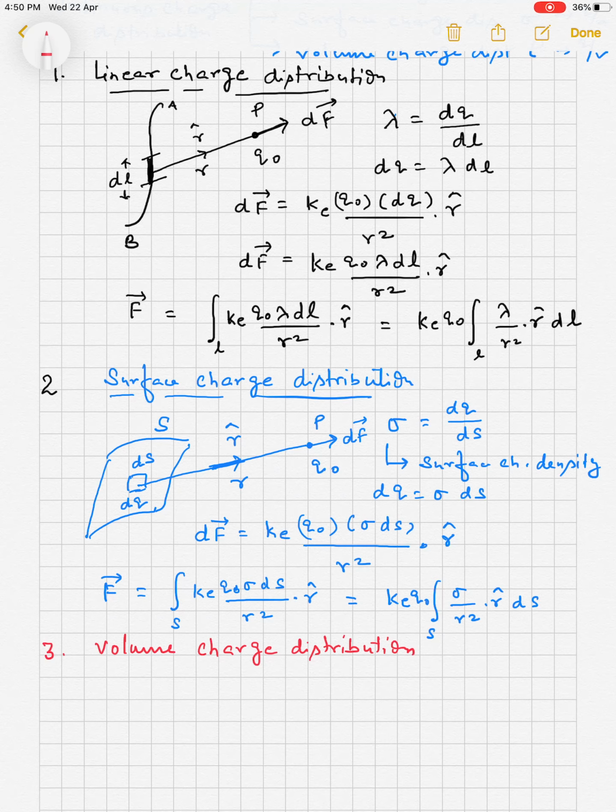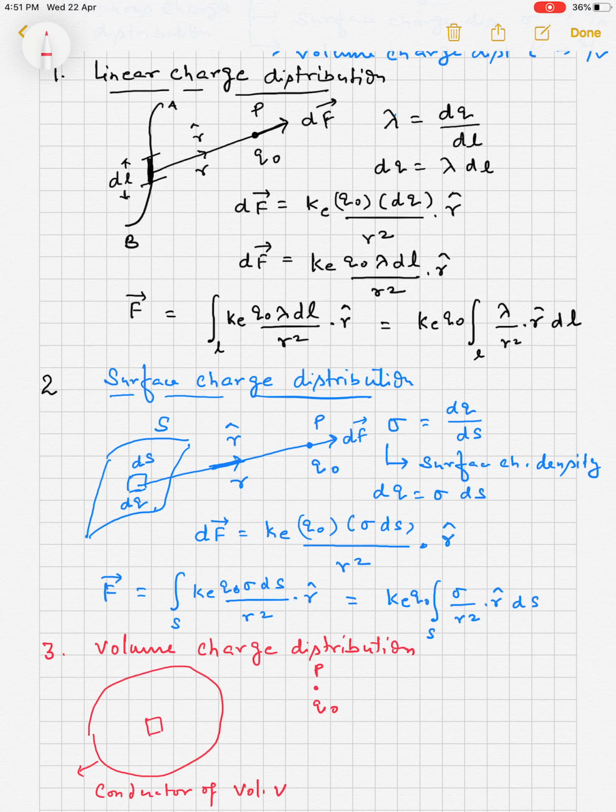Suppose we have a conductor of volume V, and we have to find the force due to this volume charge distribution at a point P at which charge Q naught is situated.